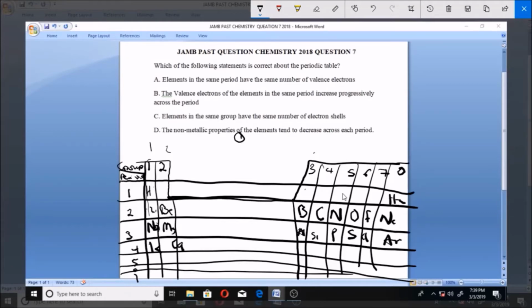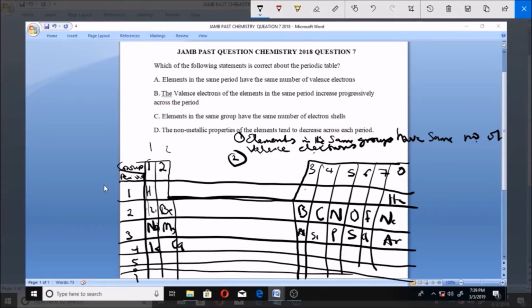Number 1 is that elements in the same group, like hydrogen, lithium, sodium, and potassium, all of them have the same number of valence electrons.